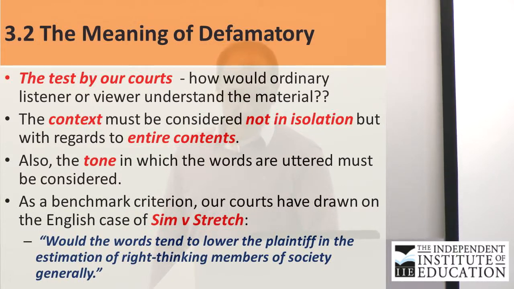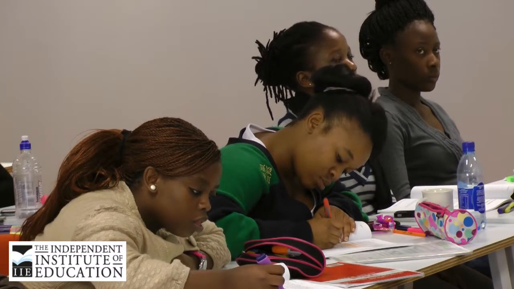And as a benchmark criterion, our courts have drawn on the English case of Sim versus Stretch. This is what they said in Sim versus Stretch. Guys, when you look at your study guides, if it says Sim versus Stretch 1965 and so on, you don't have to study it like that. You've only got to know Sim versus Stretch.